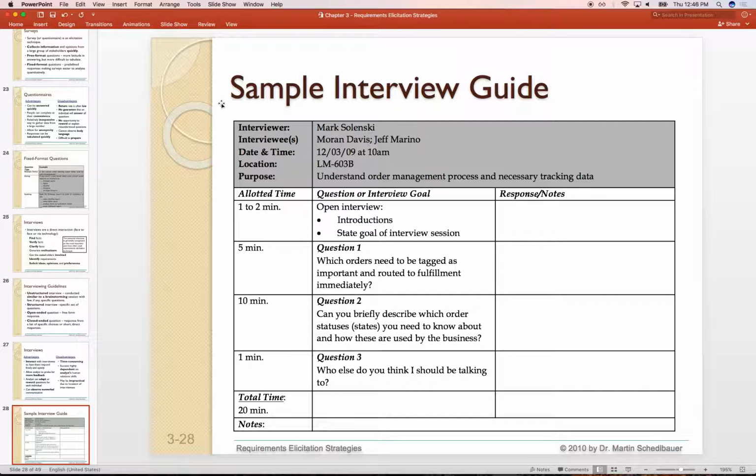Typically, the script might go as the first couple of minutes are just introductions and what the goals are that we want to achieve, and then you might have a couple of very specific questions on whether a certain aspect of the process is important or not important, and why. Describe a couple of things here and there. And the very last one typically is, okay, who else should I be speaking to? From your point of view, who else might be interested in these kinds of discussions? So that would broaden the list of stakeholders who might have a different point of view from what you've just gathered.